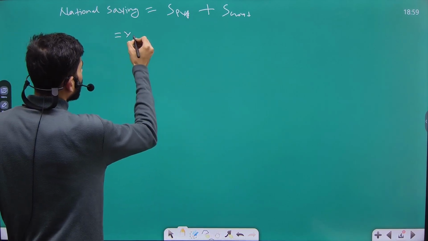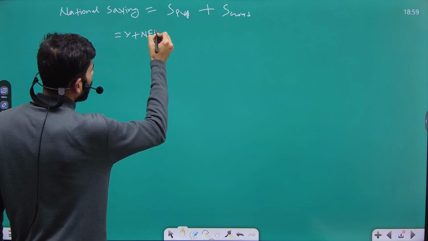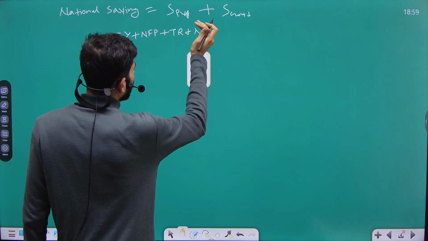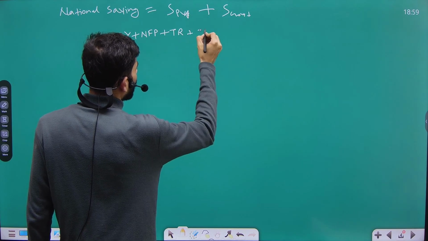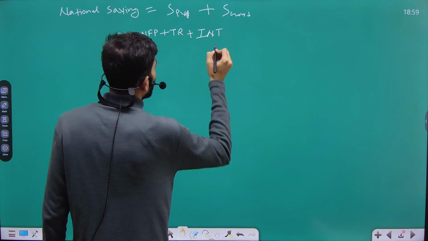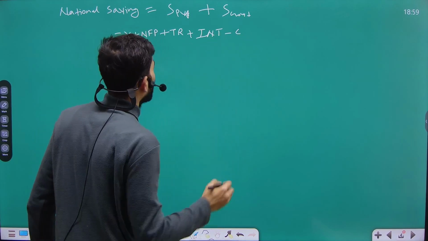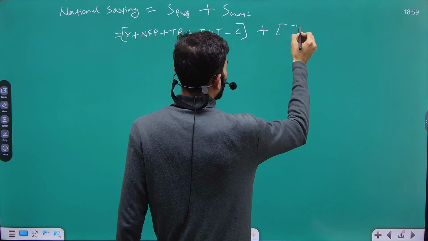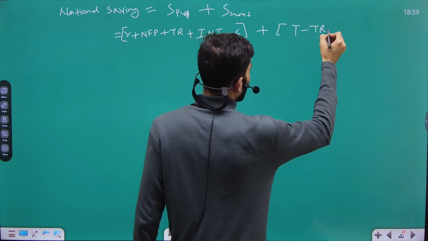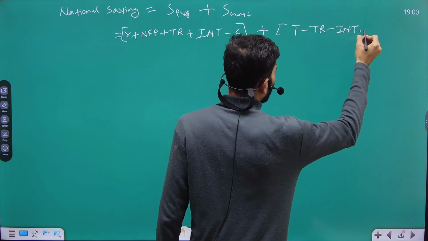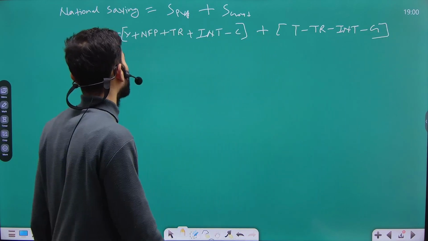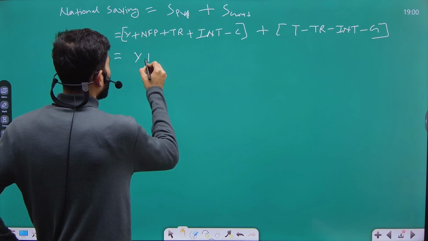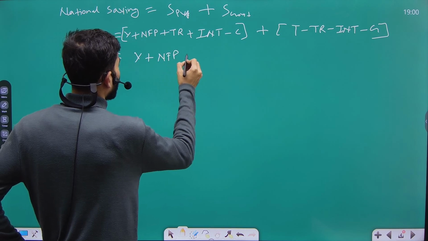Private saving is Y plus net factor payment from abroad plus transfer plus interest payment minus C. And for government saving, it is T minus transfers minus interest payment and minus G, which turns out Y plus NFP.